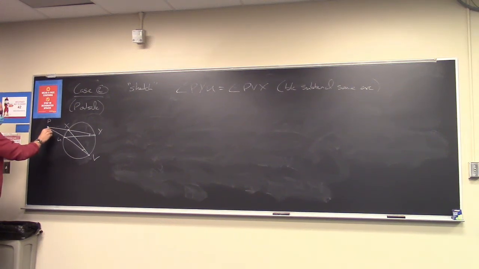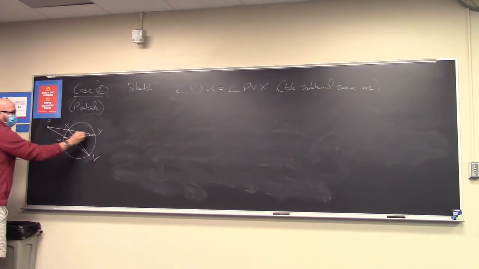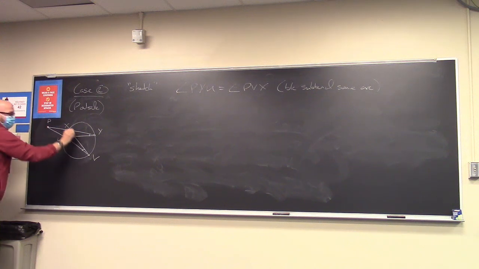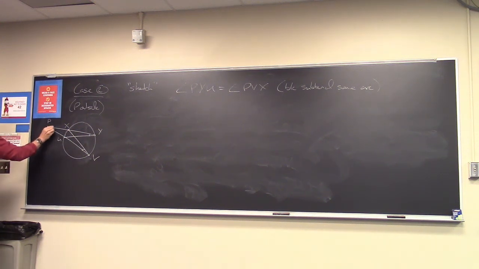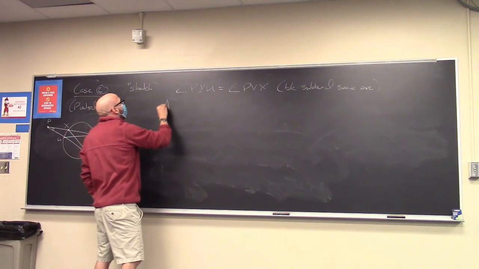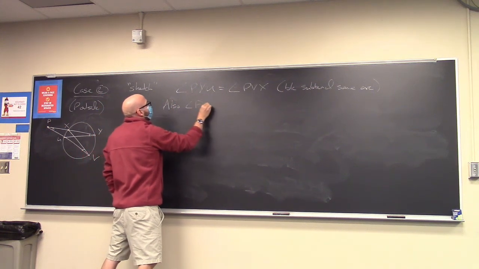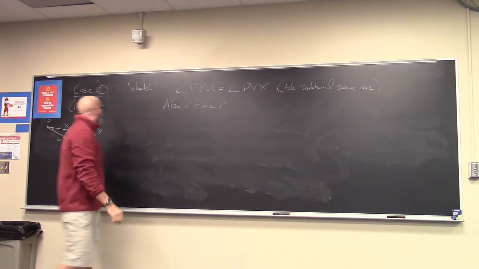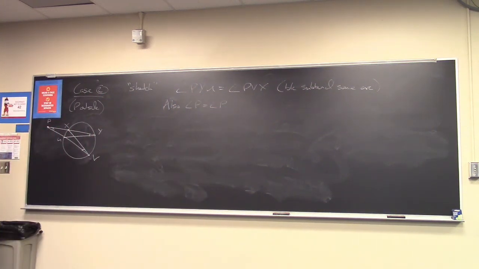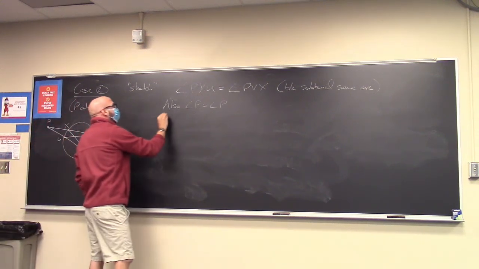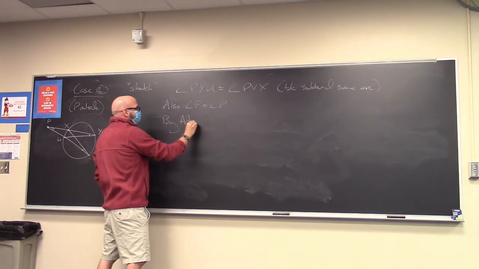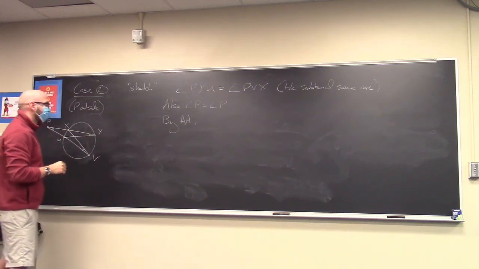And both of these triangles here, these are the 2 triangles I'm going to look at, PYU and PXV. Both of them use that angle right there. So also, angle P equals angle P. So by AA, this one's the easier case, you don't even have to invoke vertical angles.